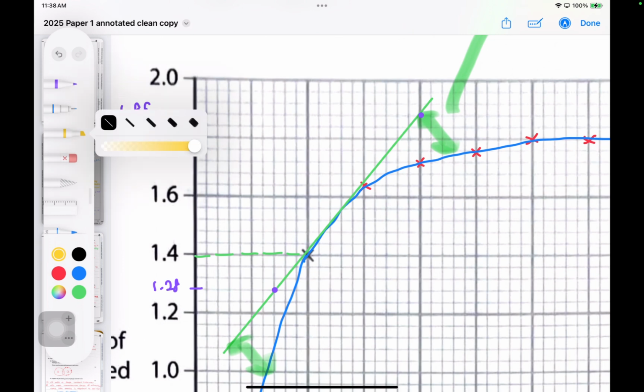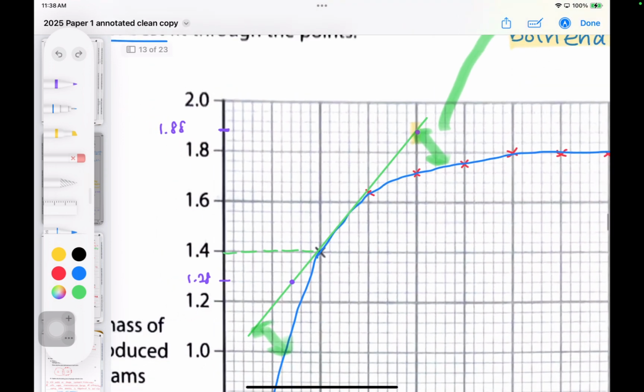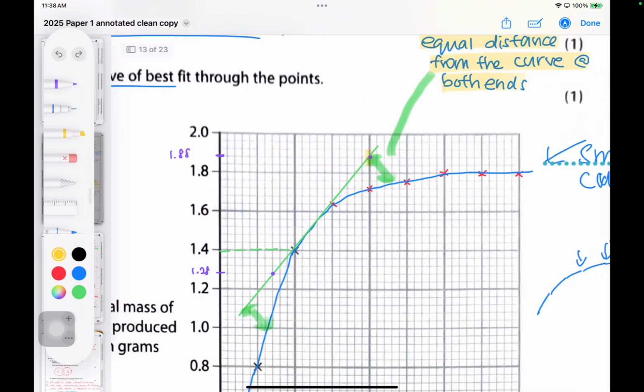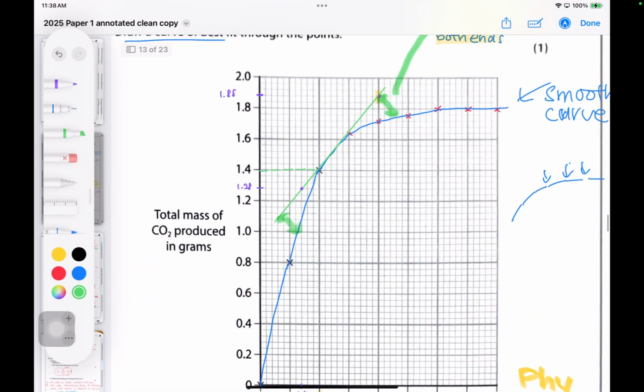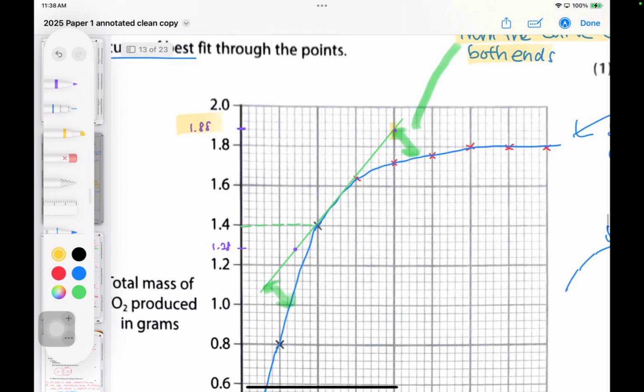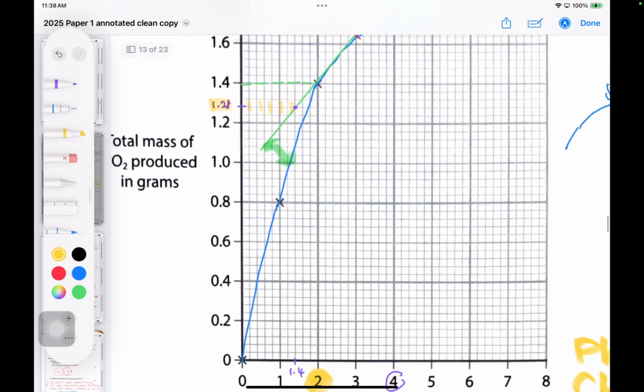And for me, it would be these 2 purple dots over here. Okay, and the purple dots allow me to get a y value. Okay, so to calculate gradient, you always use y2 minus y1 over x2 minus x1. So I'm going to share with you what's my y2 and y1. So it would be this one. Okay, so if I read across, my y2 is 1.88 and then my y1 would be 1.28 over here, and I'll do the same for my x, and I'll read down.